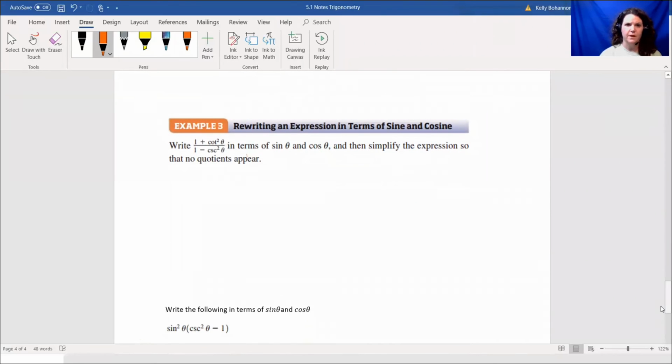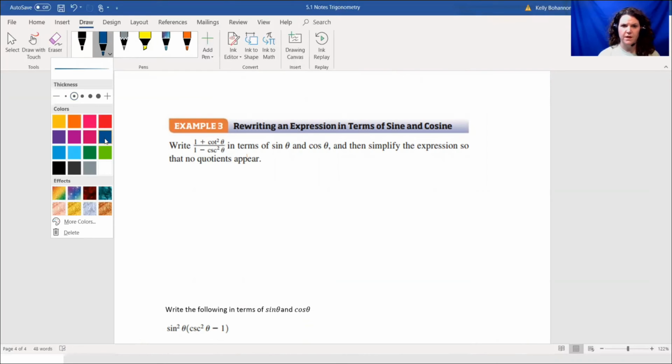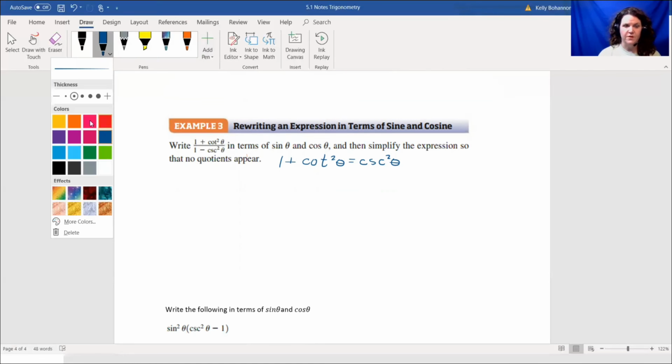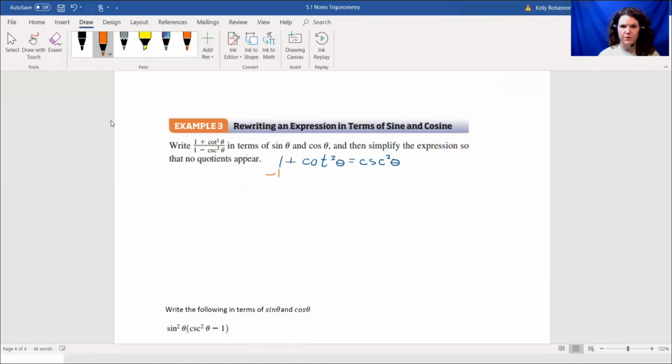We are using this identity, which means I could subtract 1 from both sides. I'm going to use that identity just as it is for the top, but also if I subtract 1 from both sides, I end up with cotangent squared theta equals cosecant squared theta minus 1, which will take care of the bottom. So I can replace both of those.